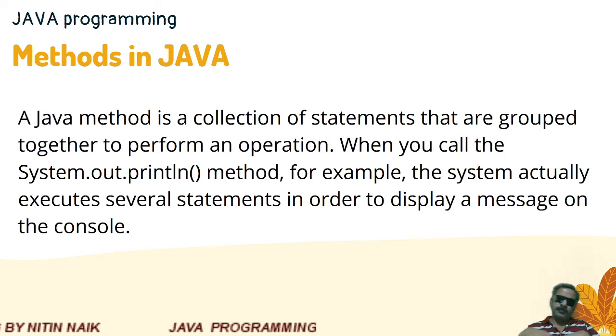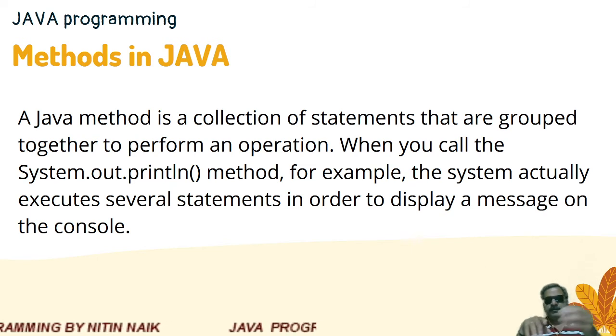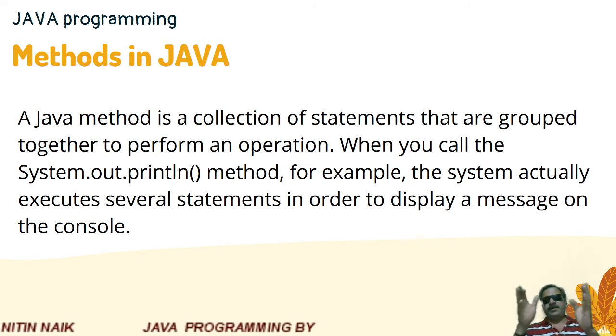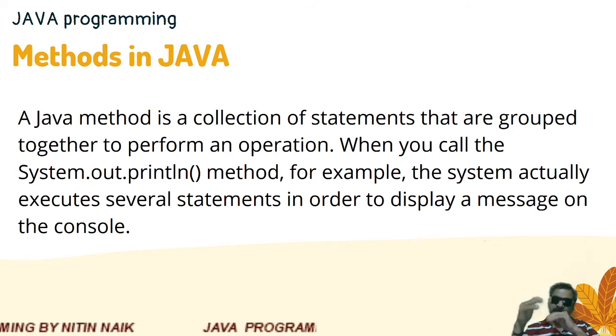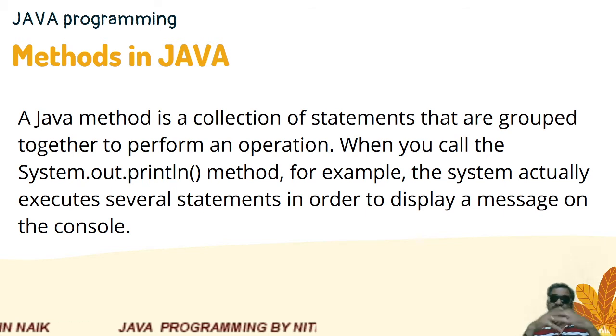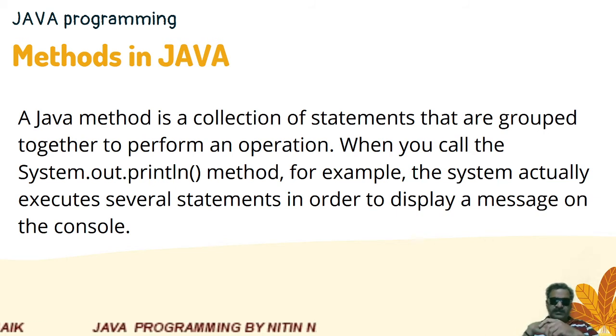There are certain procedures or statements which are responsible to print something onto the screen. It might be the value of a variable or it might be any string value. So the system actually executes several statements to execute this single statement. So what is this println? Println, you can call it a library method present in Java to print the values and go towards the beginning of the next line.